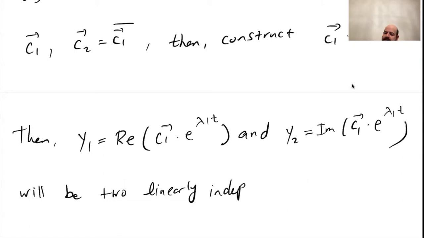Let me call them X1 and X2. X1 of t equals this, and X2 of t equals this, will be two linearly independent solutions of X prime equals AX.